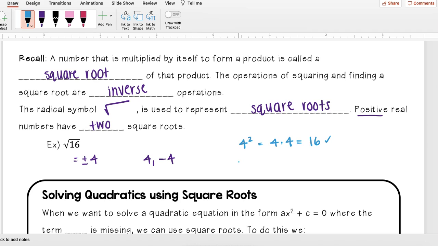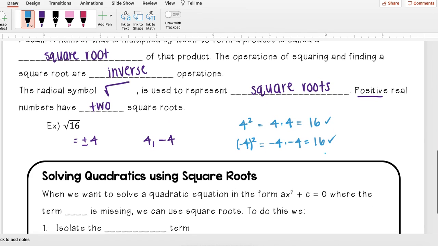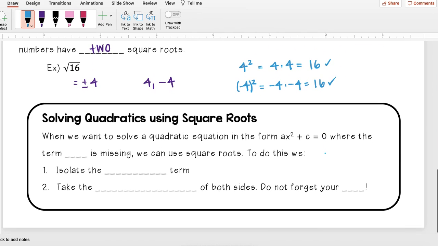And if I take negative 4 and square it, that's negative 4 times negative 4, which is also 16. So for every square root, your answer is going to be the positive of that number and the negative of that number. That's going to be important when we get into these problems in the next video.